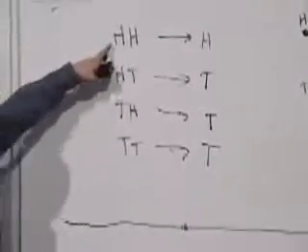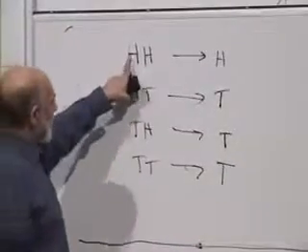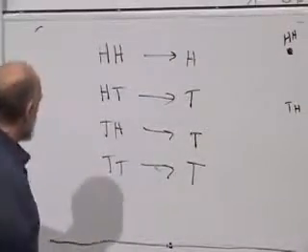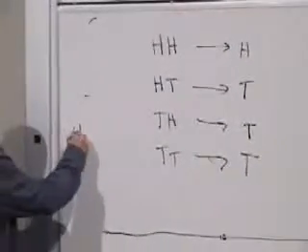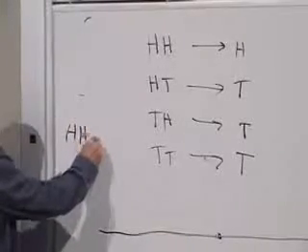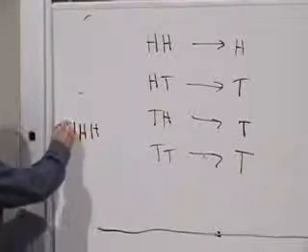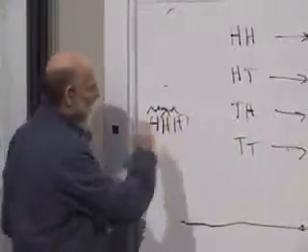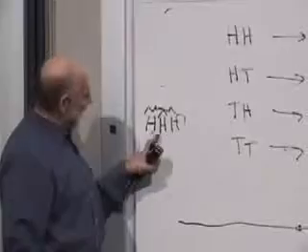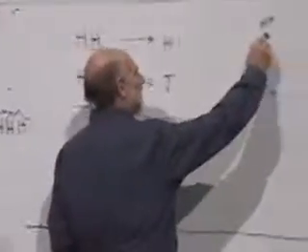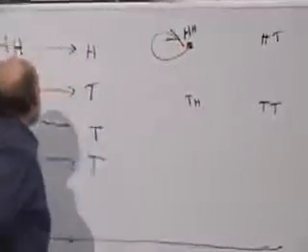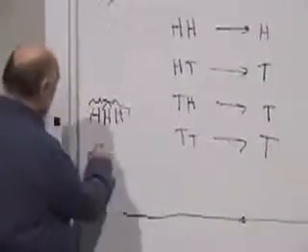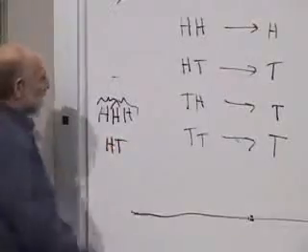Now, supposing you go from heads, heads to heads, heads. You go from heads, heads to heads, heads. If you start with heads, tails, where do you go?